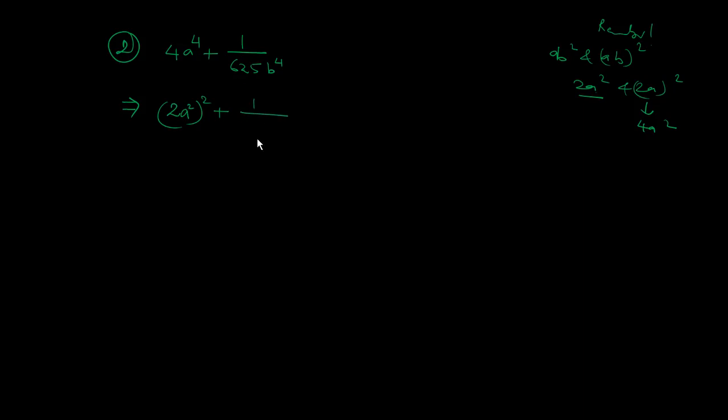Plus 1 over 625b to the 4. What is the square of 25? 625. Yes, so you can write (25b square) whole square. One more step I have written: this is (2a square) plus (1 over 25b square) whole square. We can write in this way.